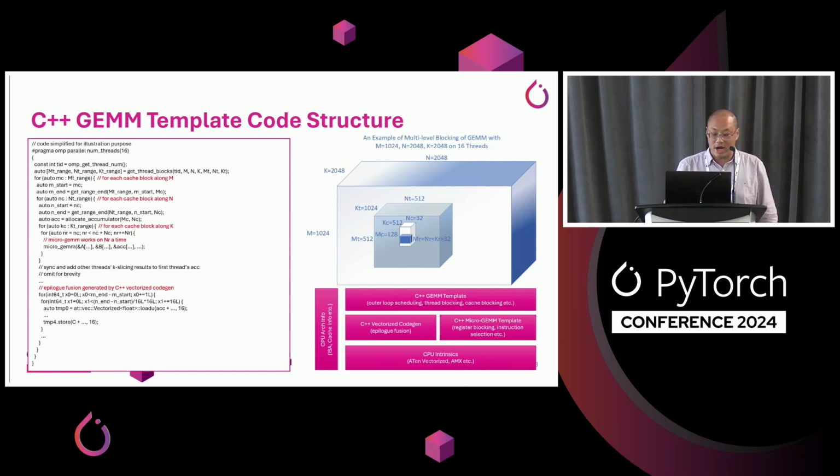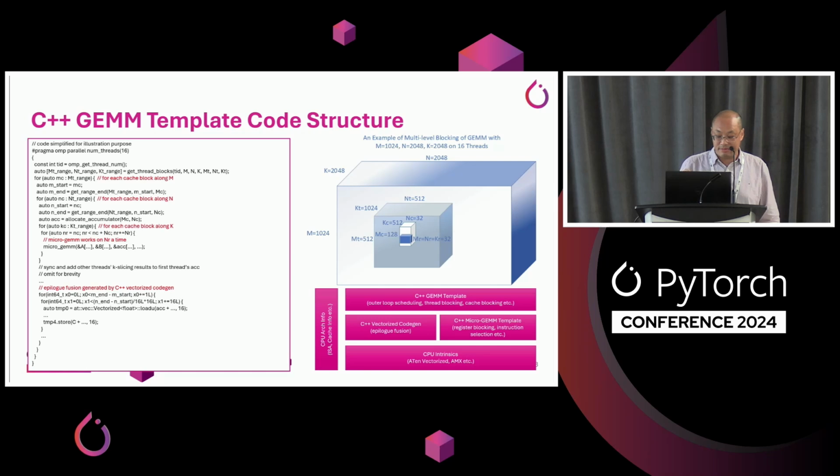We perform thread blocking, where we split the M, N, and K dimensions into smaller blocks, MT, NT, and KT, in order to maximize thread occupancy. Then these blocks are further split into cache blocks, MC, NC, and KC, which are optimized for L1 and L2 cache use.